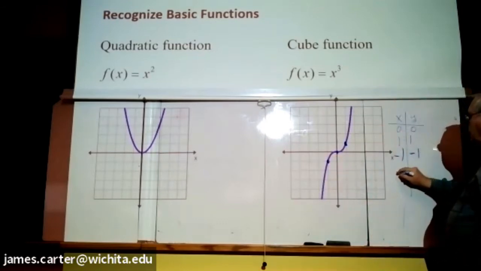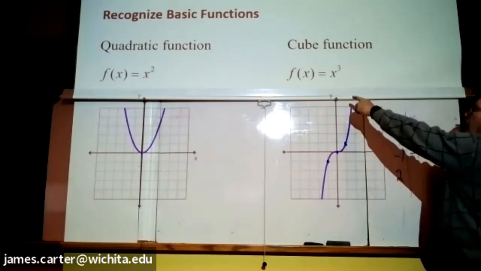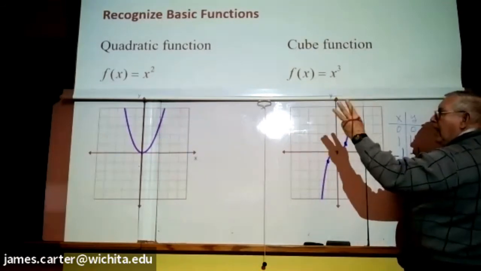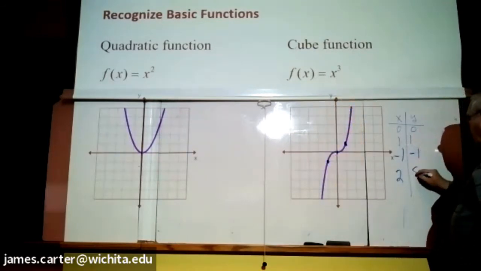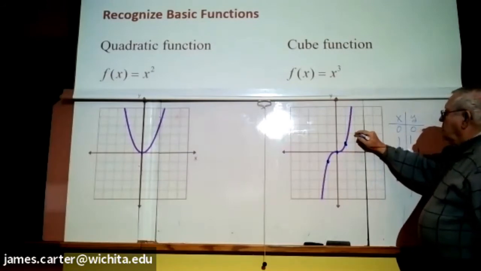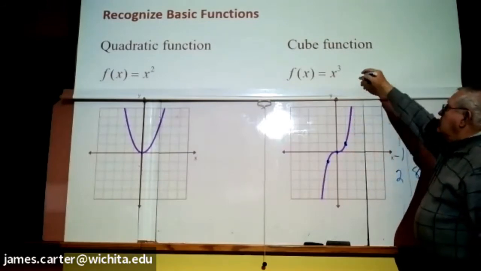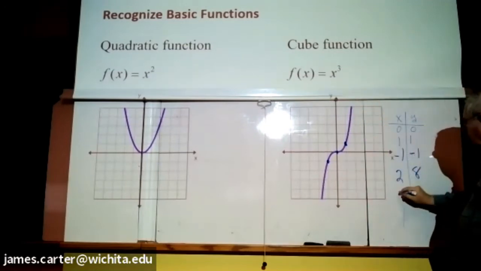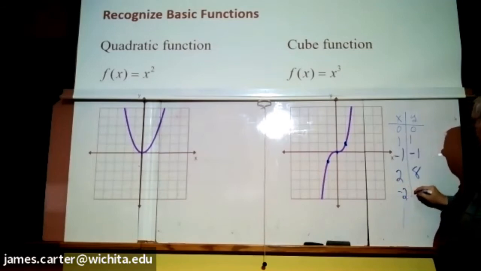If we let X equal 2, 2, 4, 8. Okay, X is 2. 1, 2, 3, 4, 5, 6, 7, 8 up here. And likewise, if we let X equal -2, it's going to be -8.